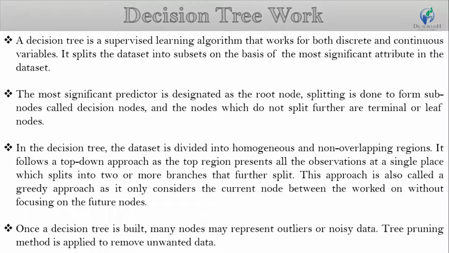The percentage of test set tuples correctly classified by the model identifies the accuracy of the model. If the model is found to be accurate, then it is used to classify the data tuples for which the class labels are not known. Some of the decision tree algorithms include ID3, C4.5 and CART.